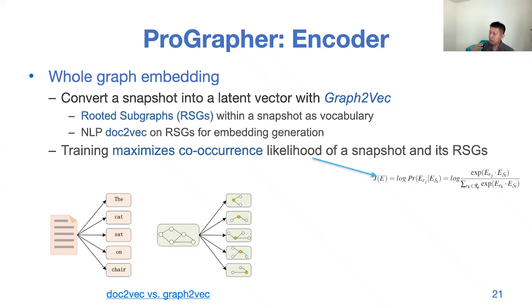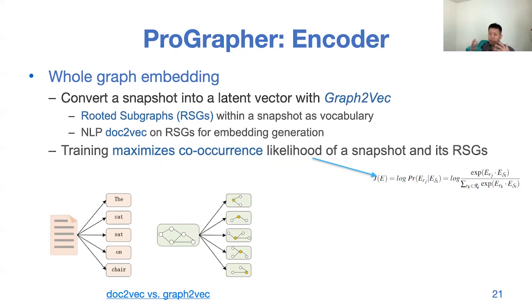So we can use graph2vec to embed a whole graph into a vector. In the previous work, we did the embedding on each node, but this time we can embed the whole graph. To get a better representation of the graph, the goal is designed to maximize the co-occurrence likelihood of snapshots and their RSGs. I show the equations on the right.